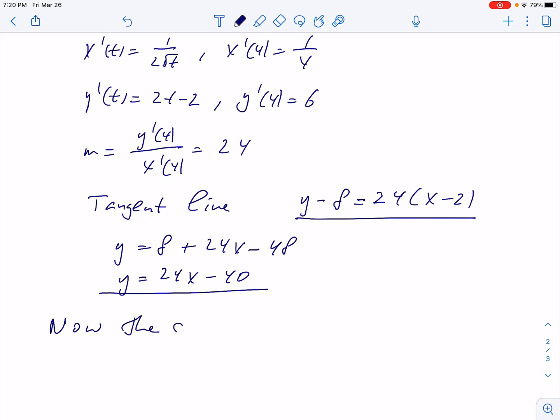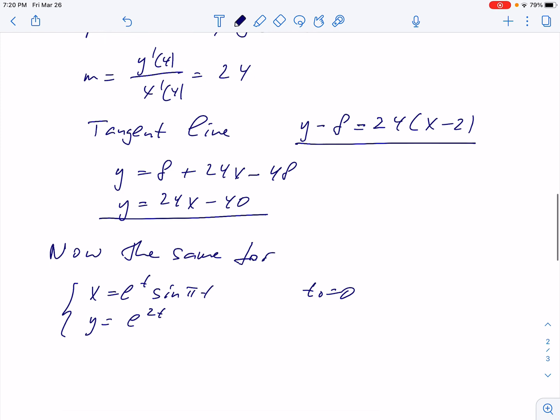Now the same for the curve with equations x equals e to the t times sine pi t, y equals e to the power 2t, and find the tangent line at the point corresponding to t0 equals 0.